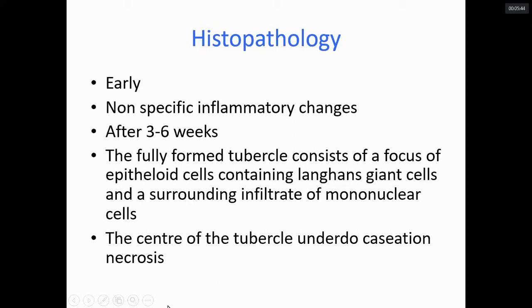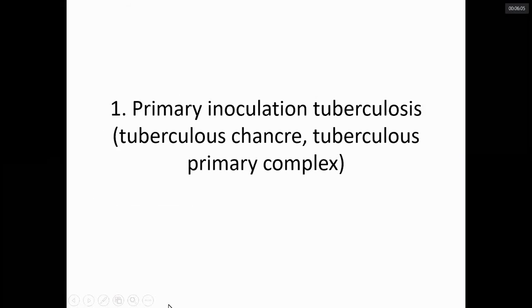A tubercle consists of a focus of epithelioid cells containing Langhans giant cells, surrounded by an infiltrate of mononuclear cells, and in the center of the tubercle there is caseous necrosis.